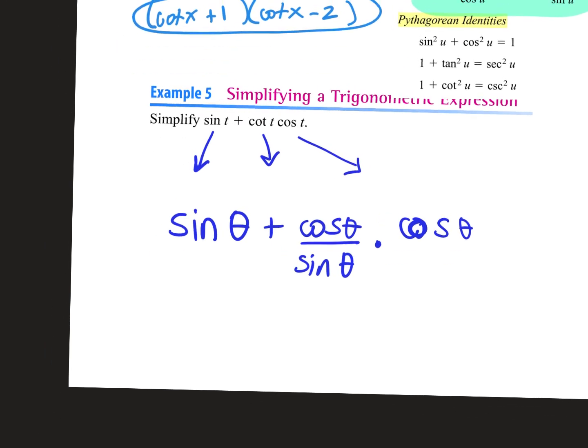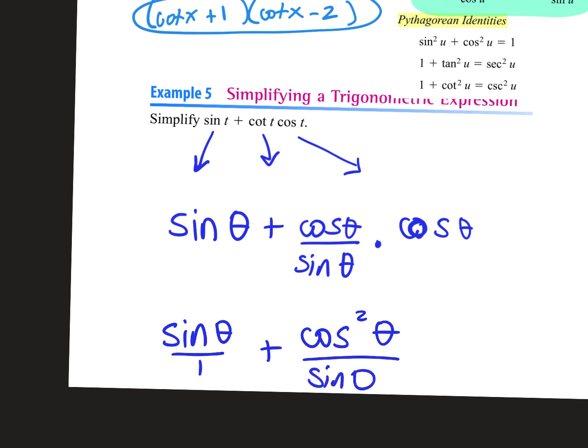Do you guys agree with me that this is sine of theta over 1, right? Yes? Okay. Plus, what's cosine times cosine? Cosine squared theta over sine theta. Agreed? Now, if these were being multiplied together, what could I do with the sines?